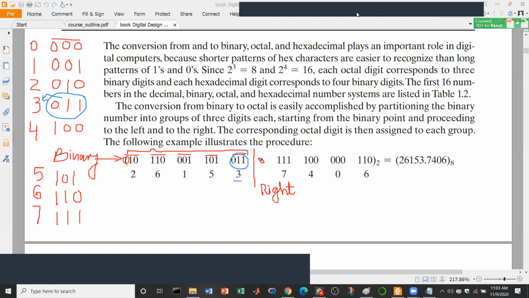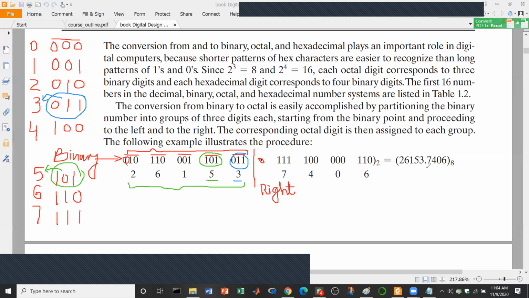Where is this 101 in my lookup table? 101 is here, it is 5. So I write 5 here. Similarly, I take a group of 3 binary digits and go to the lookup table, see where it is, and then I write that number, and that number becomes the octal number.